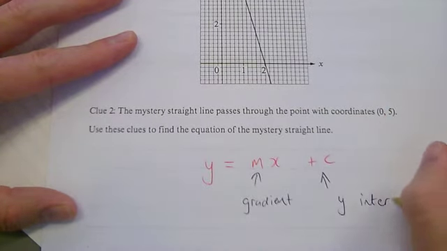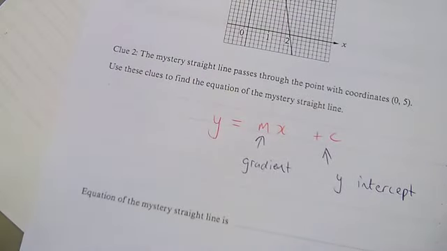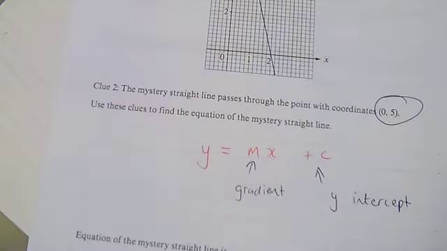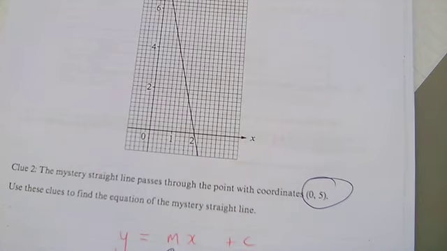I actually know what c is already. It's 5, because it goes through 0, 5. They could have given us a nastier answer, like 1, 5, and then you would have had to use the gradient to work out where it would have gone through.